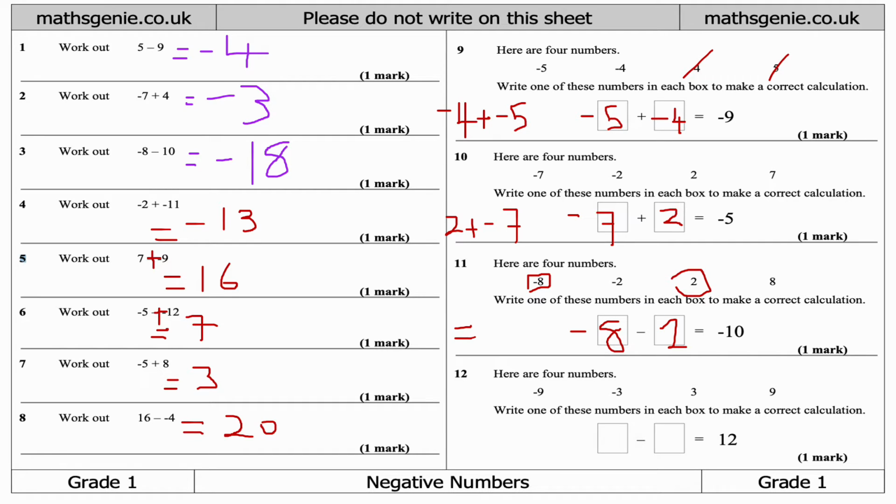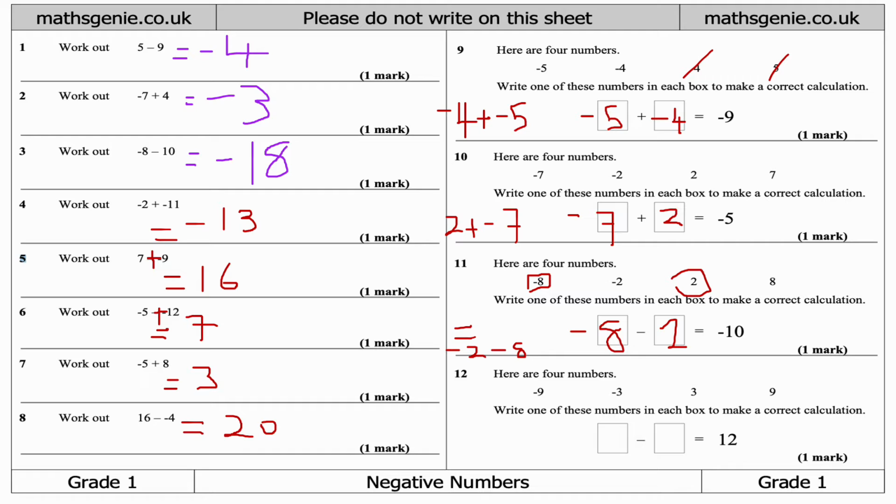Or I could do minus 2 take away 8. That's also fine. But I can't have an extra minus there, because then it would make my answer positive. So this box would have to have a positive number for me to make that minus 10.